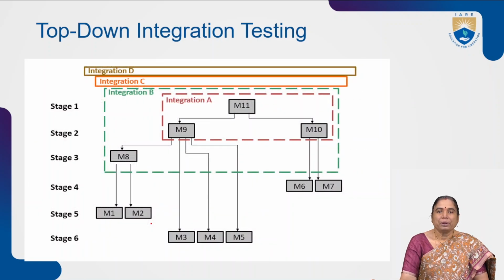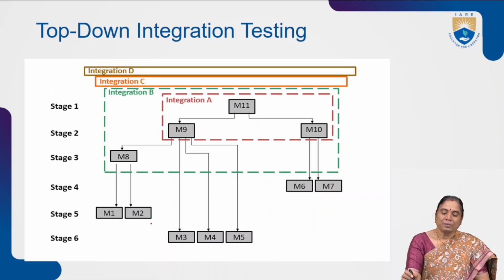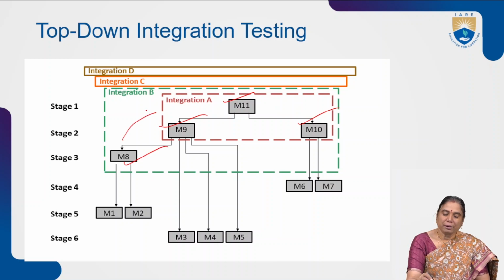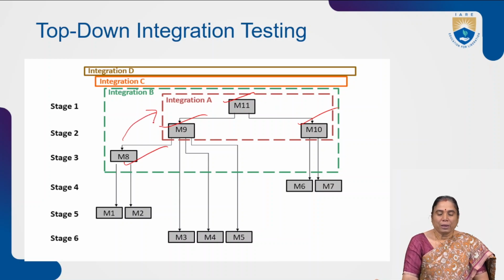During top-down integration testing, the modules must be integrated at the high level. Consider this example. Module 11, module 9, and module 10 are integrated first at the high level. Next, in the program architecture, the M8 module is integrated with this part so that this segment of the project code can be tested.